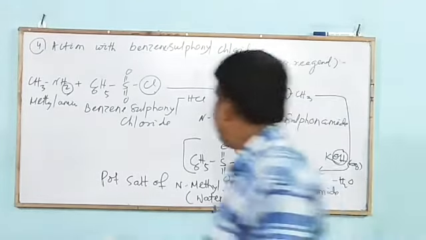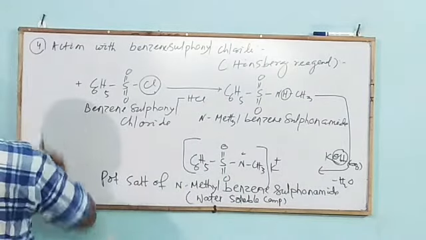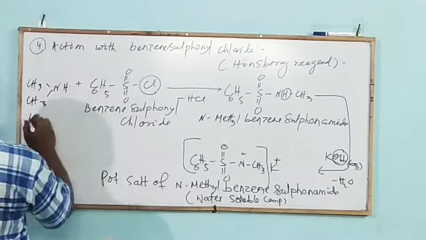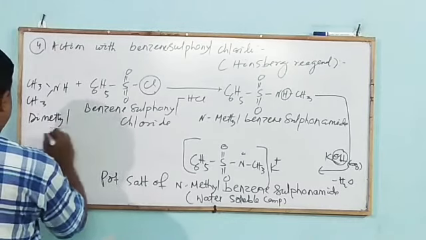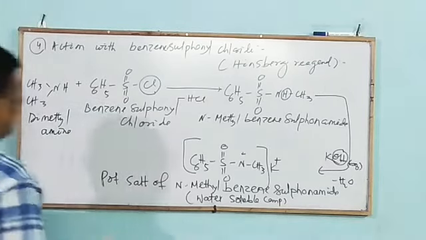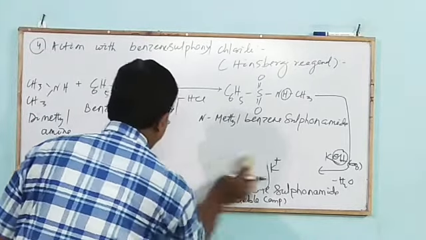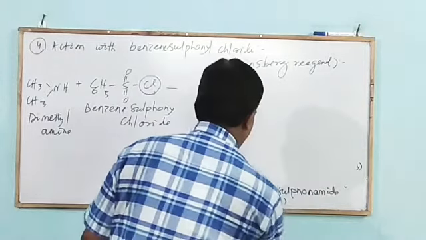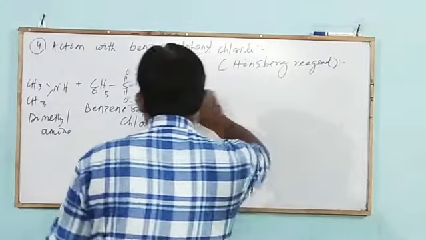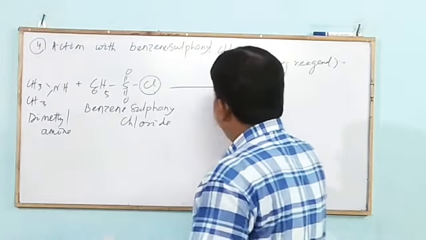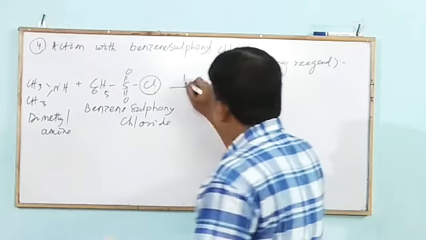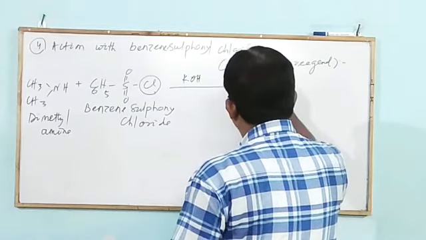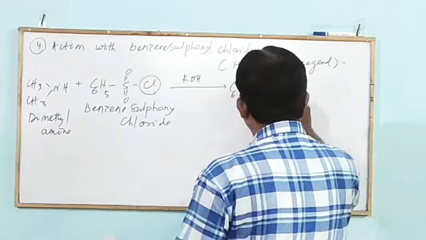Mark the equation. If we select a 2-degree amine, that is CH3 NH CH3, that is dimethylamine, a 2-degree amine. What happened? When the 2-degree amine dimethylamine reacts with benzene sulfonyl chloride, what is formed? C6H5SO2N(CH3)2.